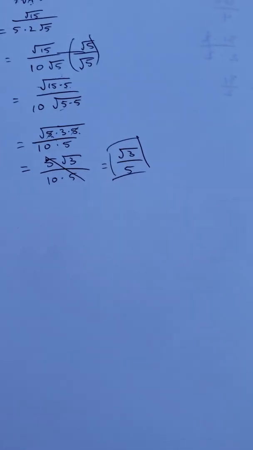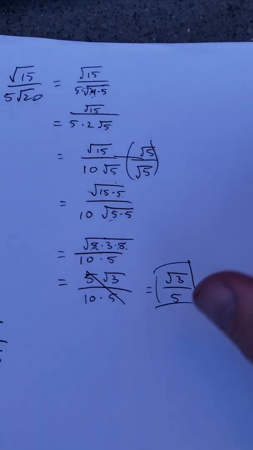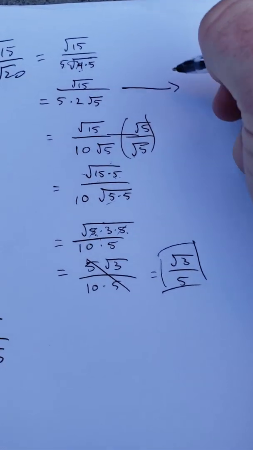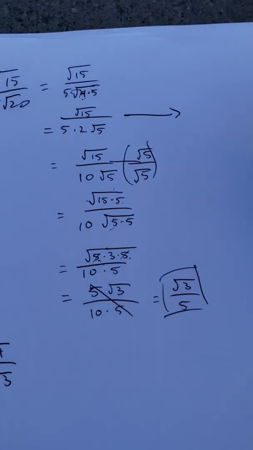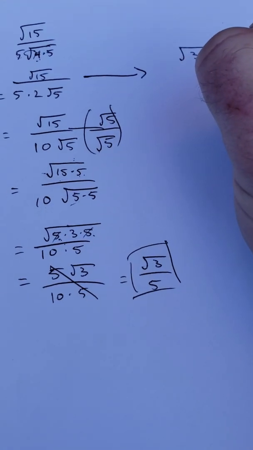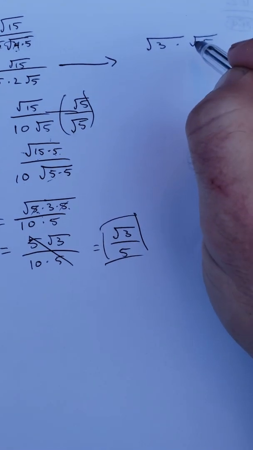There are a lot of ways to get there. So I want to go back up to this point right here, the very beginning. I know that the square root of 15 is square root 3 times square root 5. And you can write that either underneath the same or underneath just like this.